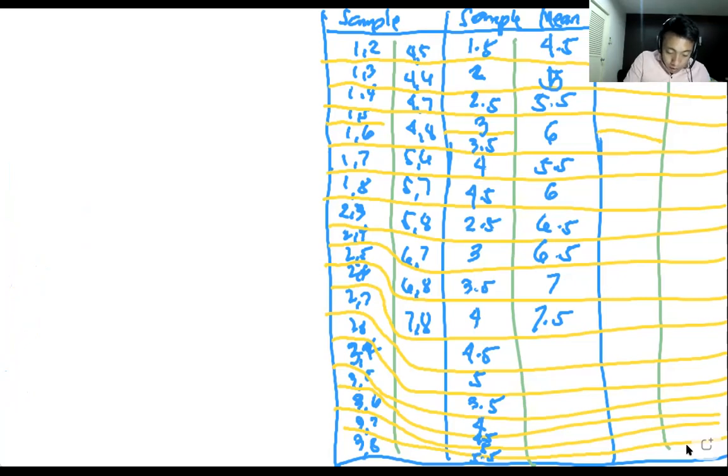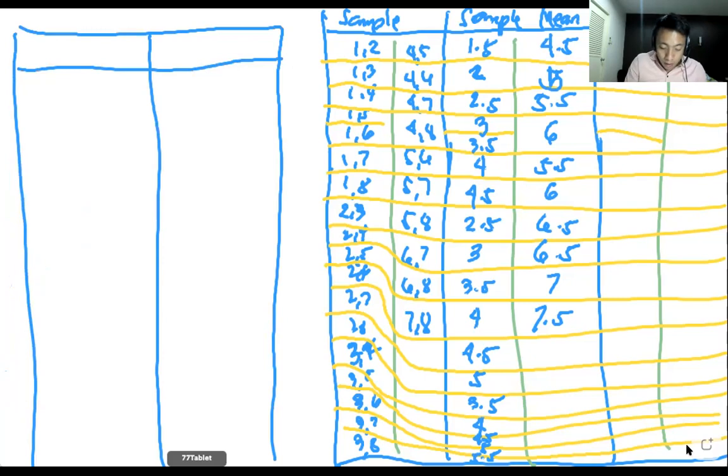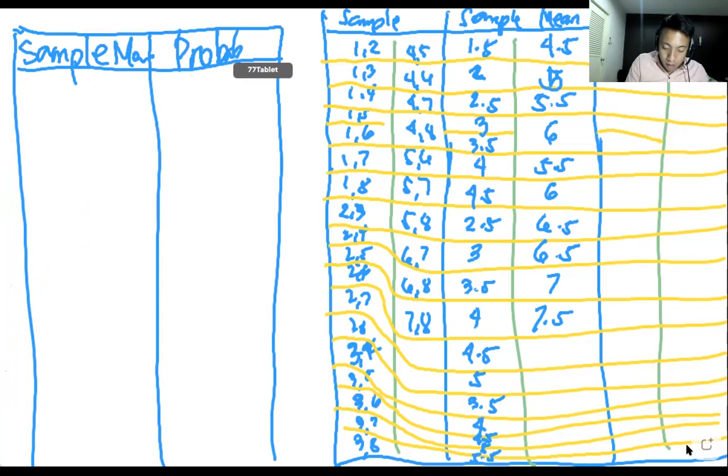So I will do another table here. It will include the sample mean and the probability. Okay? So what we will do here is list down the numbers so they are not repeated.